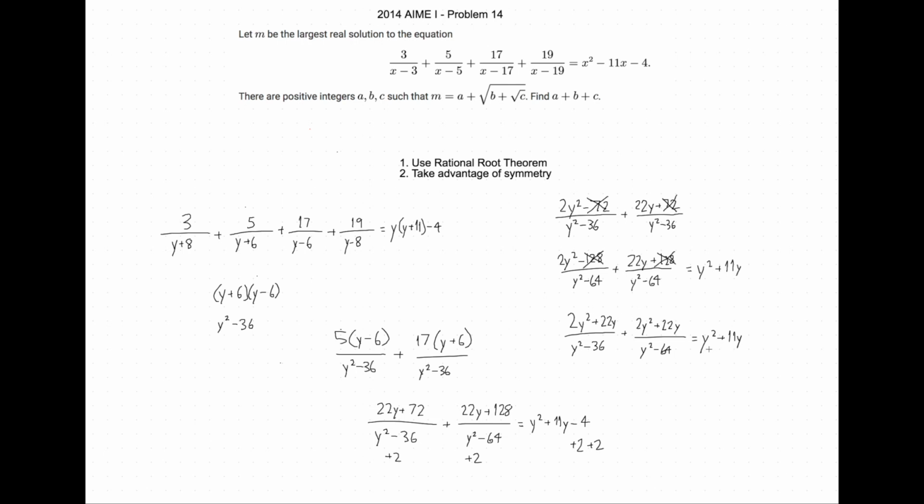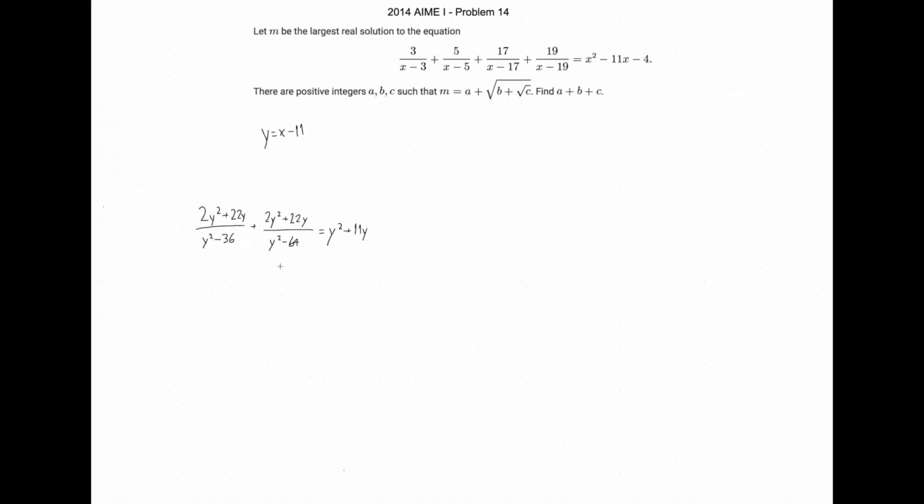So it seems like taking advantage of the symmetry was a very powerful and big step forward because we made a lot of progress and we made the polynomial look a lot easier, and it's only going to get better from here.